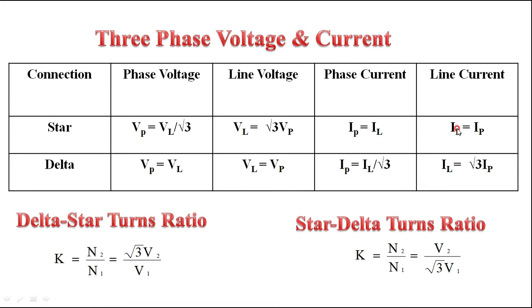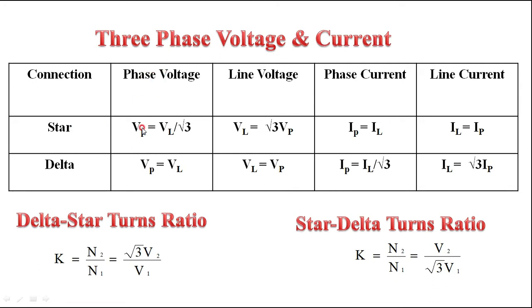And if you look into the basics of the star connection and the delta connection, we have to look into the relation between phase voltage and line voltage, phase current and line current, then the ratio when you are connecting delta-star or star-delta. First, I will take up star connections.